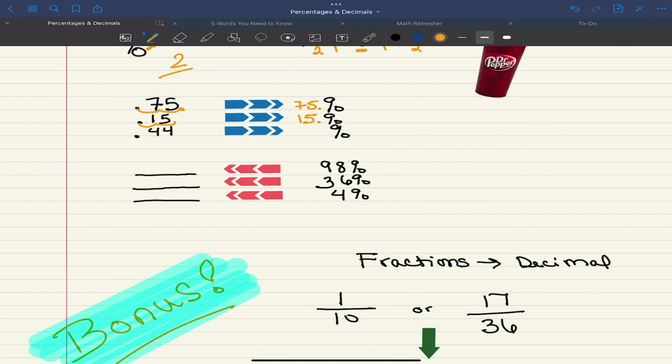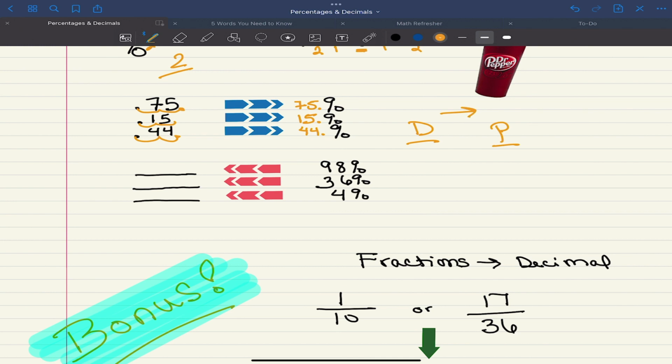And if we had 0.44, we move it again 2 to the right, 1, 2, to give us 44%. We're always going from a decimal to a percentage by moving it 2 spots to the right. Remember, Dr. Pepper, we're going to the right.